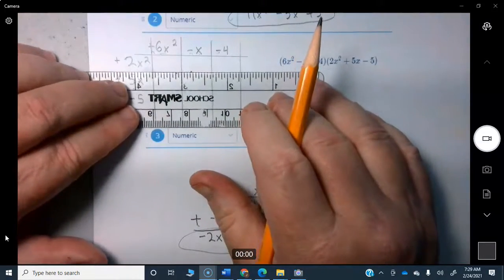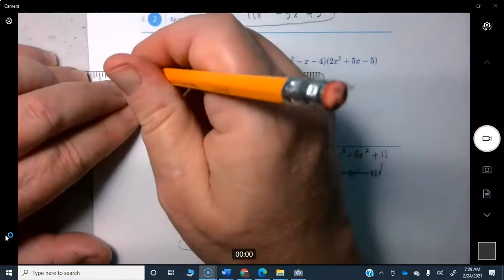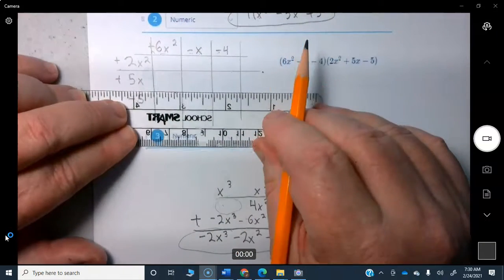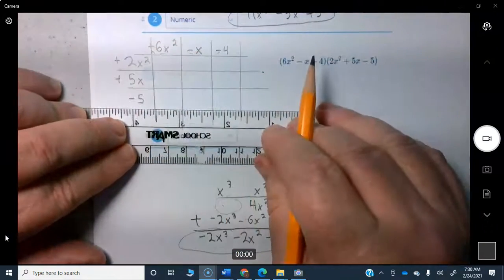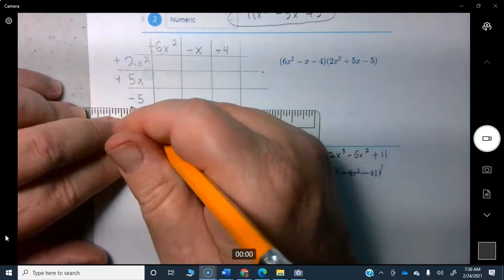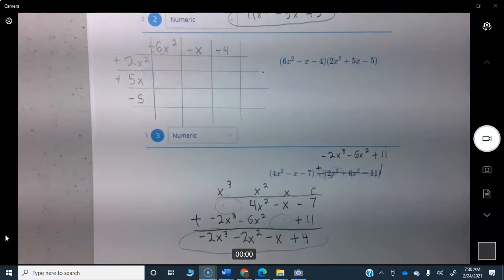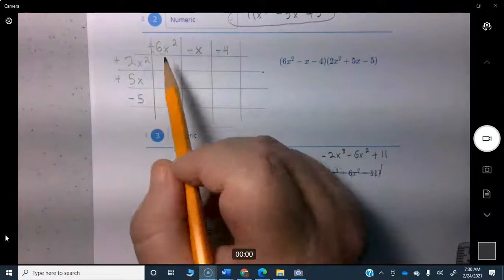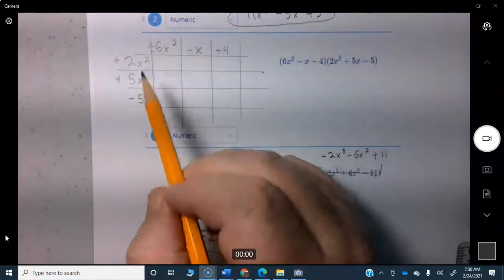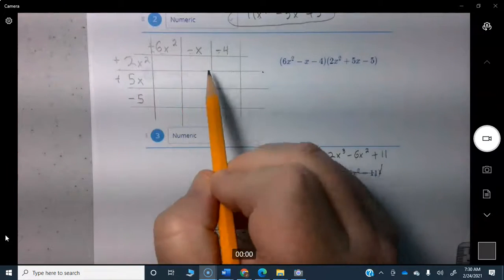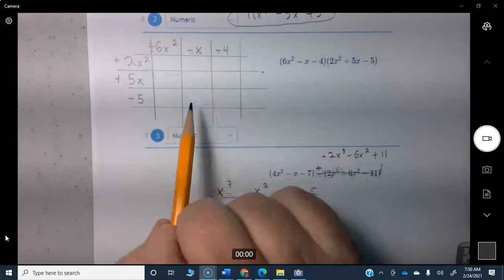Hopefully they're reasonably straight. Okay. Now it doesn't even matter what order you do it in. You've got to multiply each of these terms by each of these terms, and you're going to end up with 9 different answers here, okay?